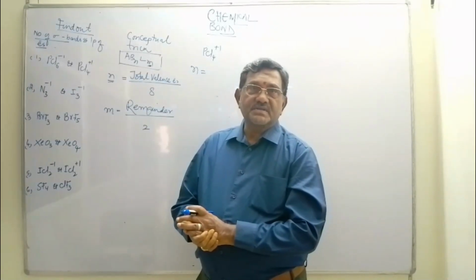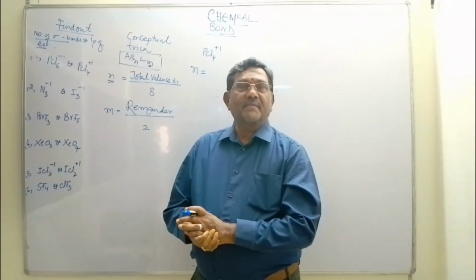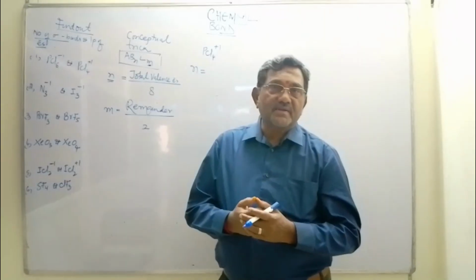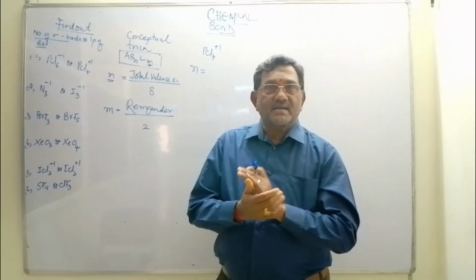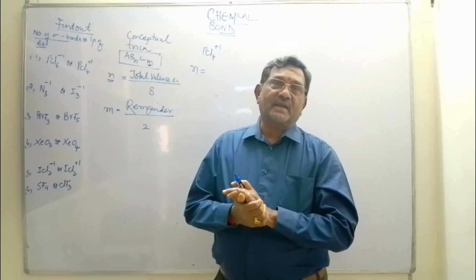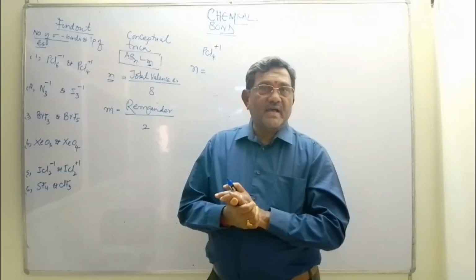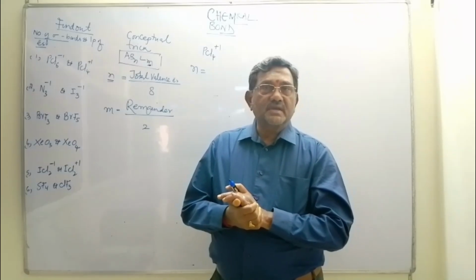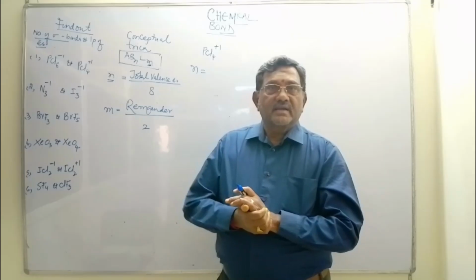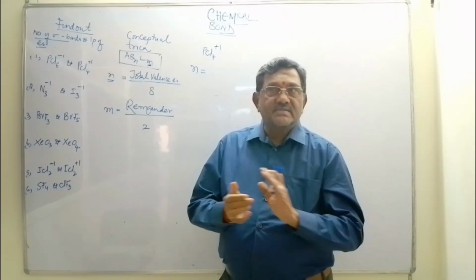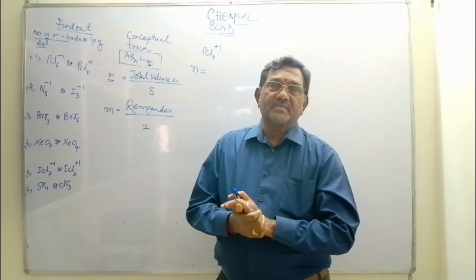Students, this is regarding the chemical bond. One of the best tricks, very useful to find out the sigma bonds as well as lone pairs of electrons, because it's a vast topic covering all aspects of the inorganic part of chemistry.